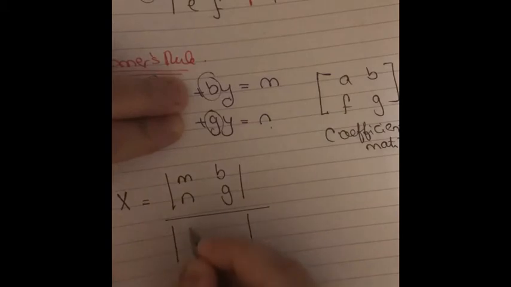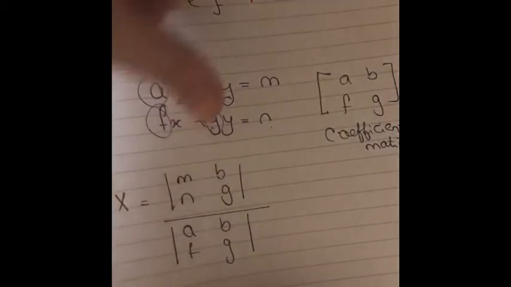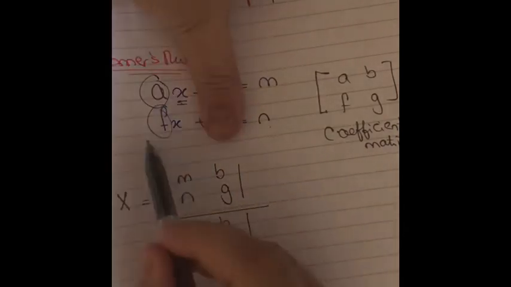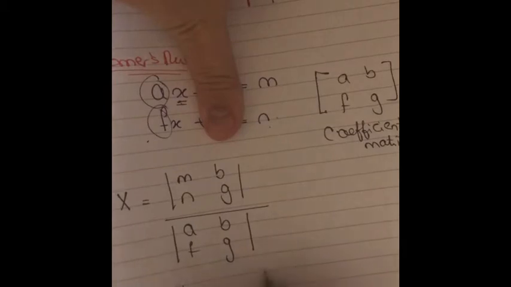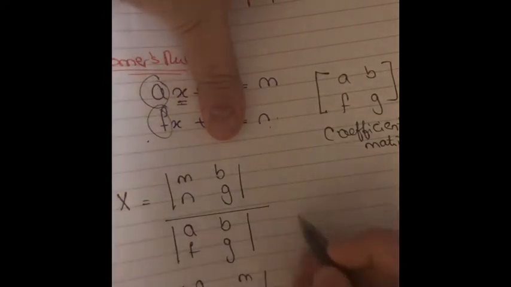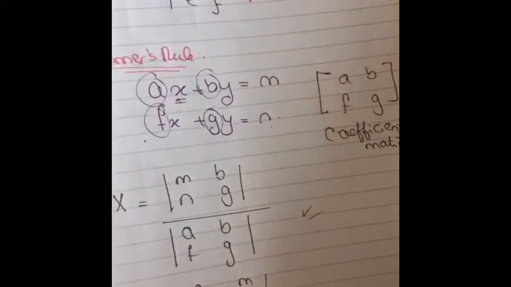And what is the coefficient determinant? A, B, F, G. And now if you want to find y, you'll put your finger on y and start with here and then the answers. So A, F, m, n all over A, B, F, G. This will help you find x and will help you find y.